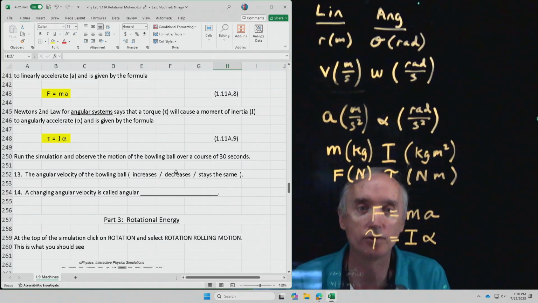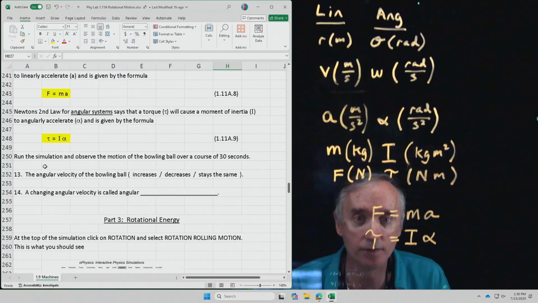And what you should have noticed if you ran the simulation for about 30 seconds is that the angular velocity of the bowling ball was increasing, decreasing, or staying the same. That's why you need to watch it for about 30 seconds.